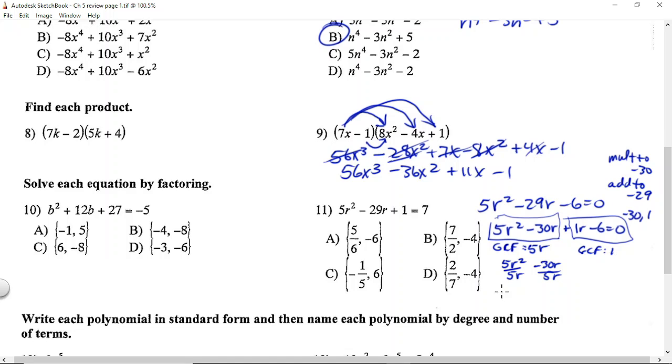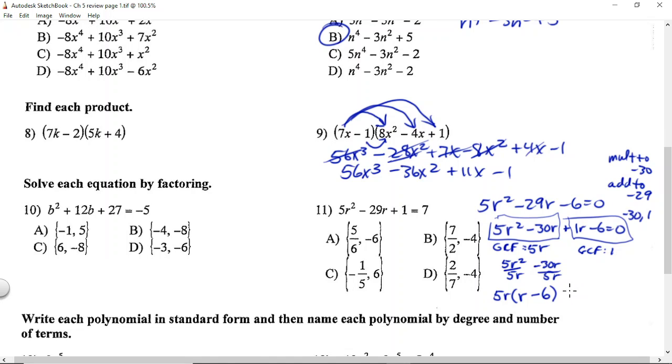So when we factor out the 5r, what's left is what we get in these two division problems here, right? So we need to divide that. Well, that's just r. And we divide this, and that's negative 6.